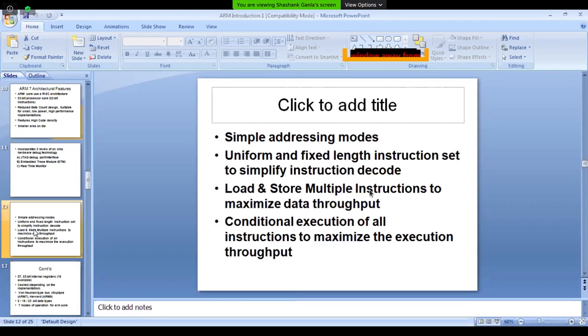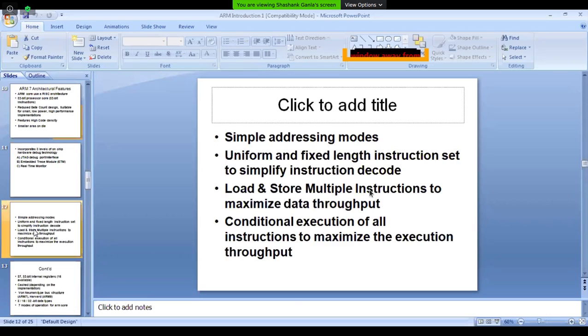But in addition, ARM also supports load store multiple instructions, where multiple data units can be loaded from multiple memory locations into multiple registers, and data present in multiple registers can be stored into multiple memory locations, in a single instruction in both cases.